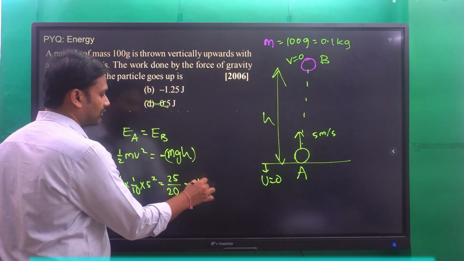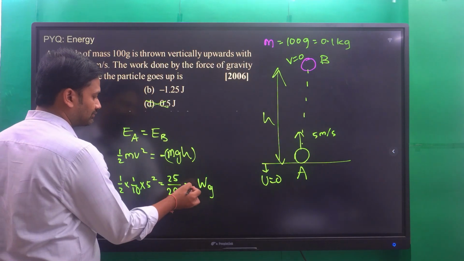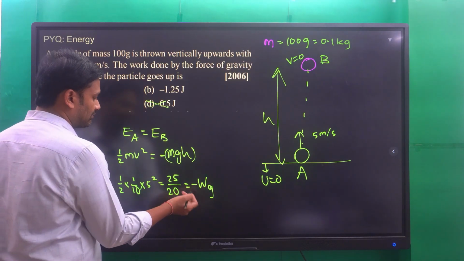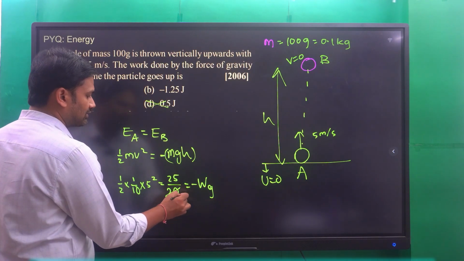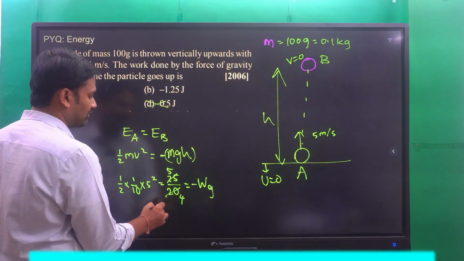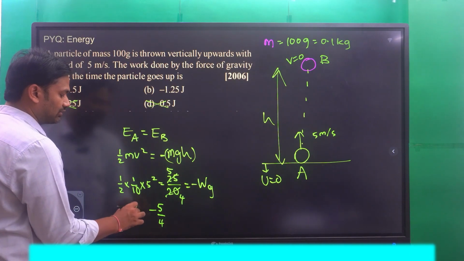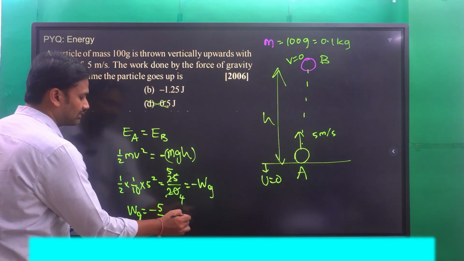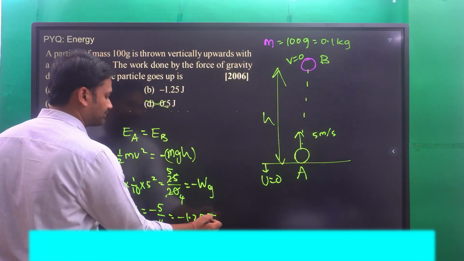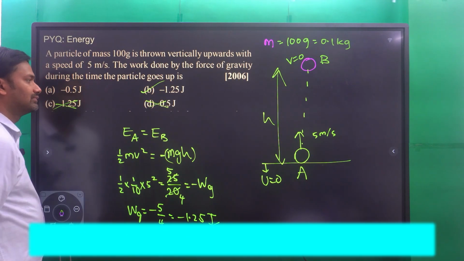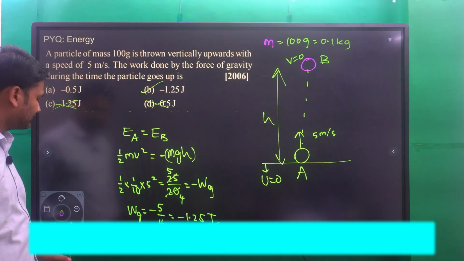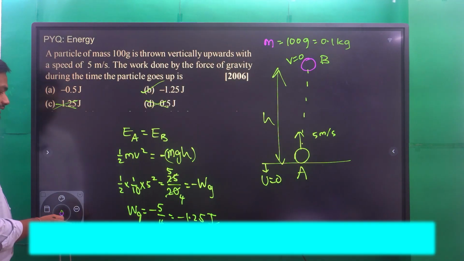That is the work done due to the gravity. Put the minus here. This is 4, this is 5, minus 5 by 4. That is the work done due to the gravity. This is minus 1.25 joules. So option B is the right answer. Clear? Right. Let us see the next question.